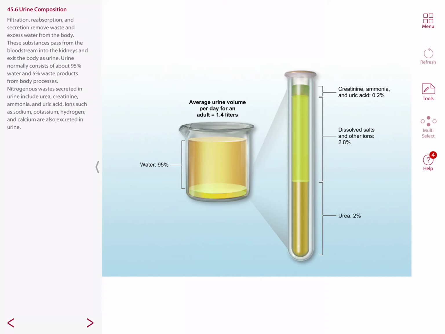All of those are only going to make up that 5%. So the creatinine, ammonia, uric acid, only 0.2%. The dissolved salts and other ions, 2.8%, and the urea at 2% there. You'll also have some other things that leave the body, and again, those are things we would typically hang on to, but you can have sodium, potassium, hydrogen, and calcium all end up in that urine.